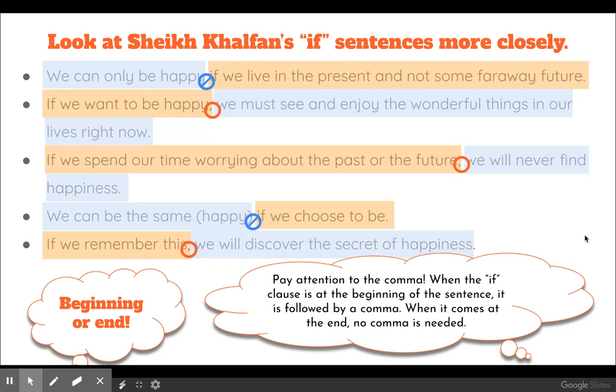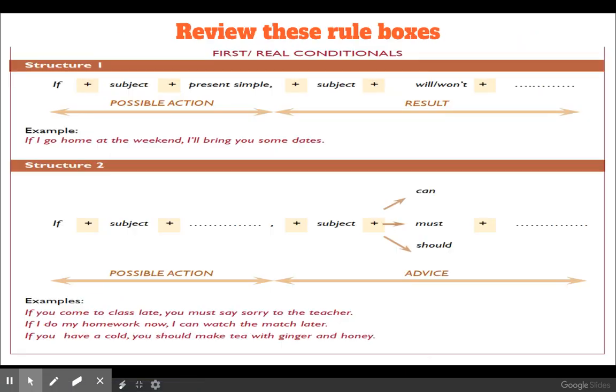So we've talked about how each clause has a subject and a verb, but now we need to look more closely at what those subjects and verbs look like. In our first structure, where we're talking about a possible result, we have our if plus our subject plus present simple.